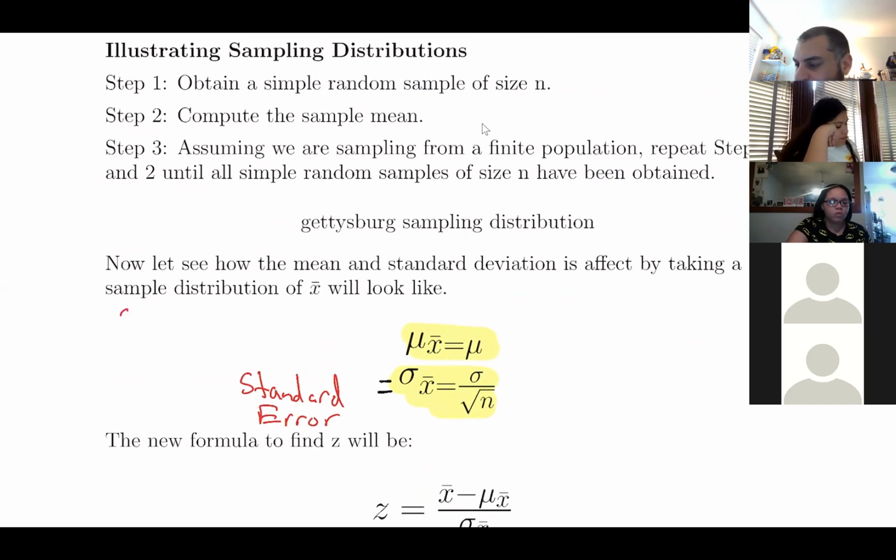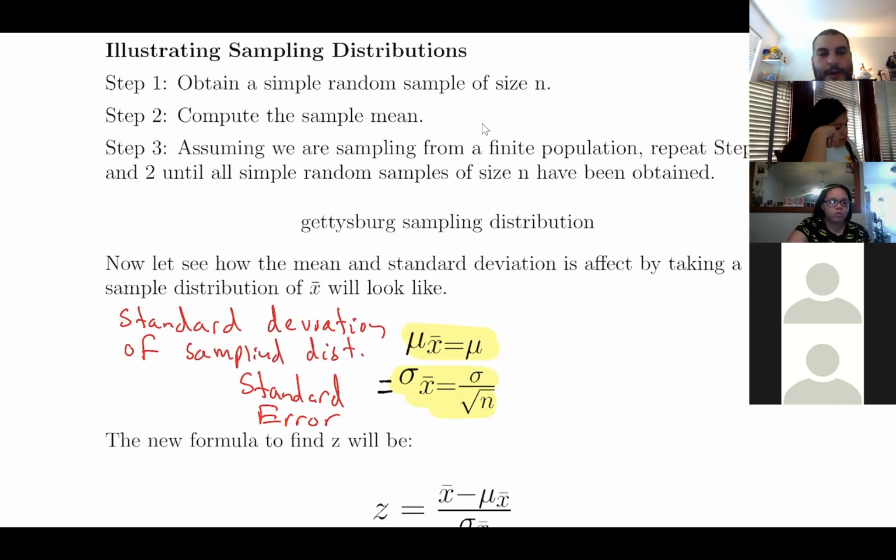So this is called standard error or standard deviation of the sampling distribution.